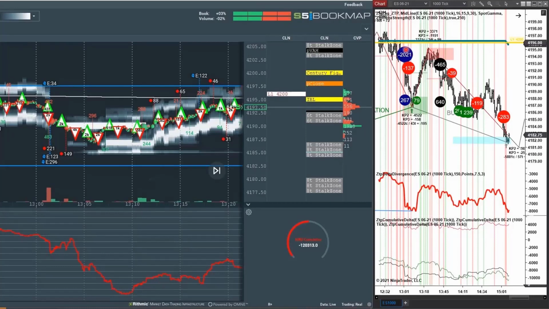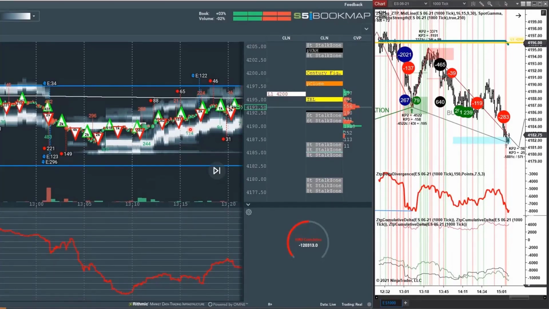And that was done at the same time that we saw this drop in the hero indicator right here at 13 on 2 hours on May 25th. My indicator, which I call delta strength, picks that up as the negative 2021 contracts.